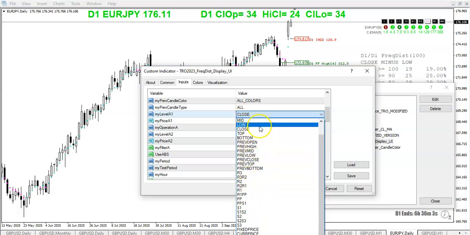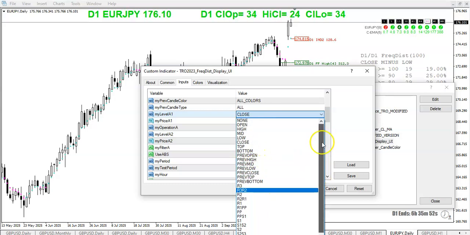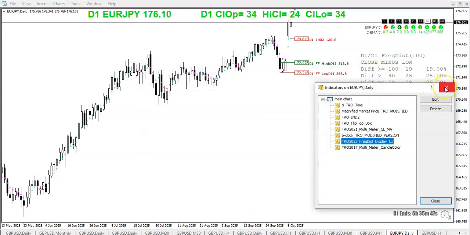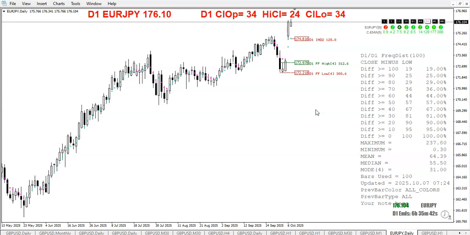So if you want to do wick zone statistics using the previous open, high, mid, low, close, top, and bottom, pretty comprehensive. And this particular version is the 2023. I haven't done anything to it since 2023. So that's the version to request if you want to make the donation.